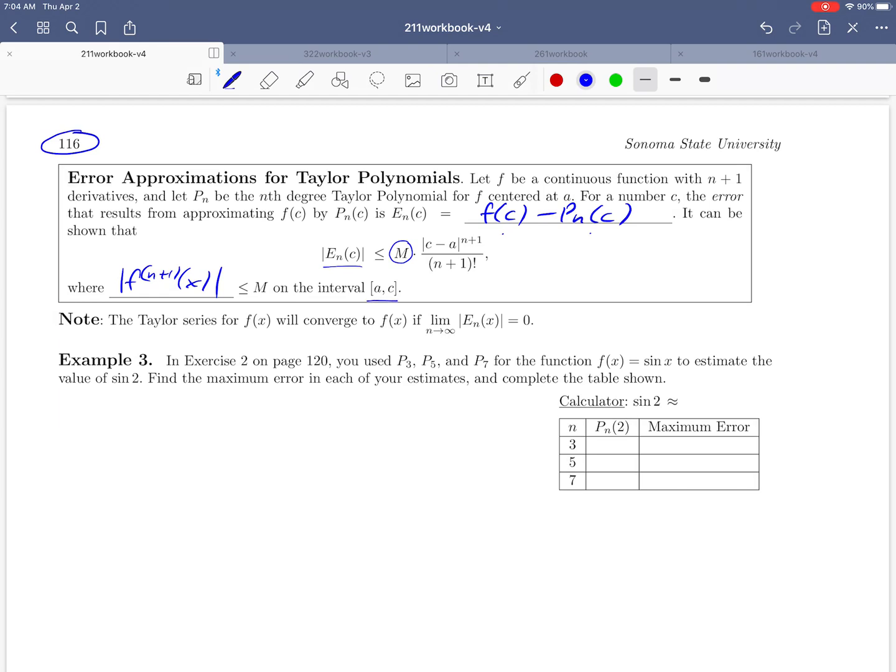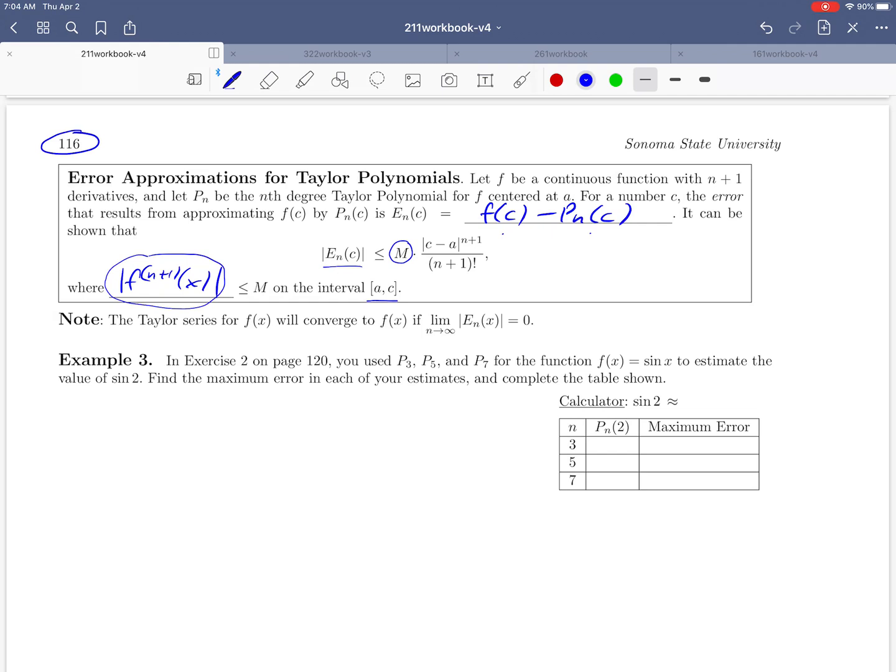Okay, and notice that we're saying on a particular interval between a and c. So let's try to explain that again. This is kind of complicated, this part of the formula. The number M, think of that as kind of a worst case scenario. It's the biggest possible value that the absolute value of the n plus first derivative could ever get if we take x values between a and c.